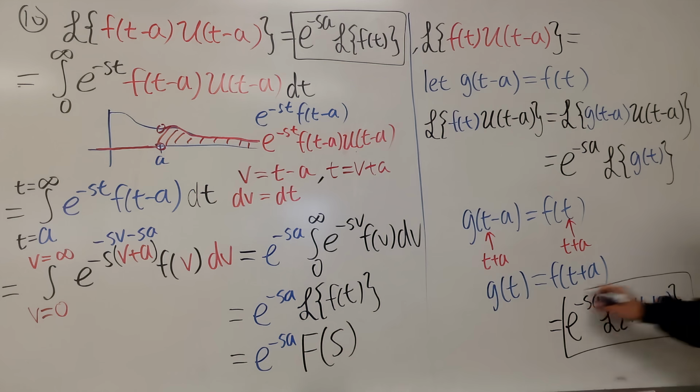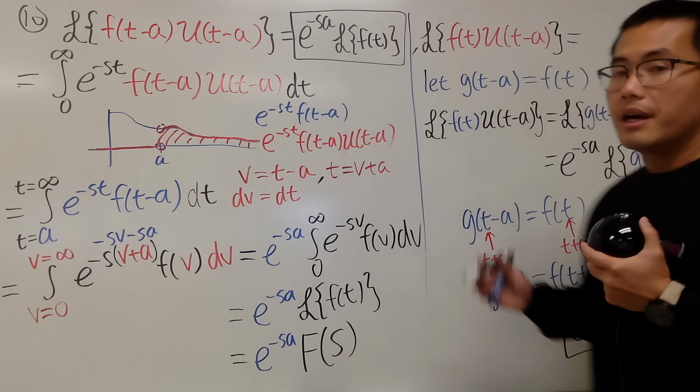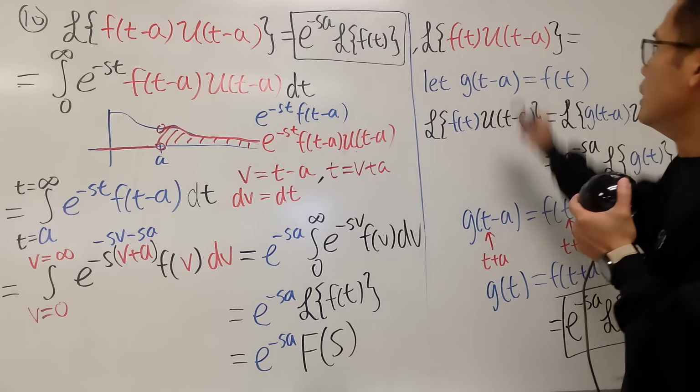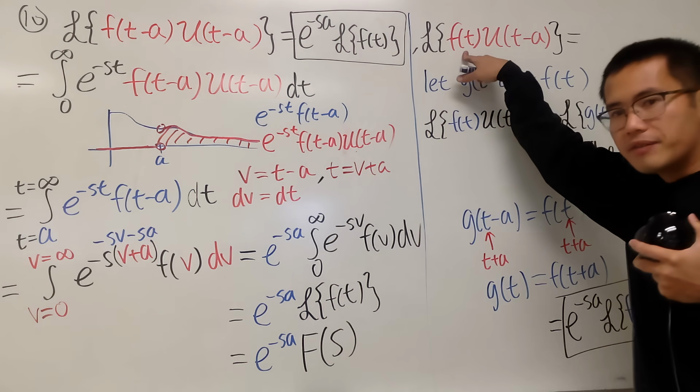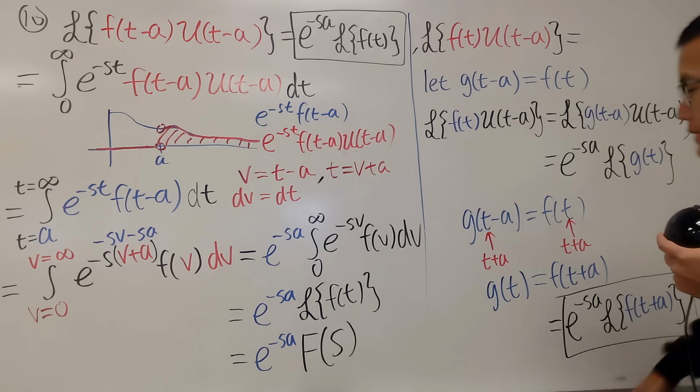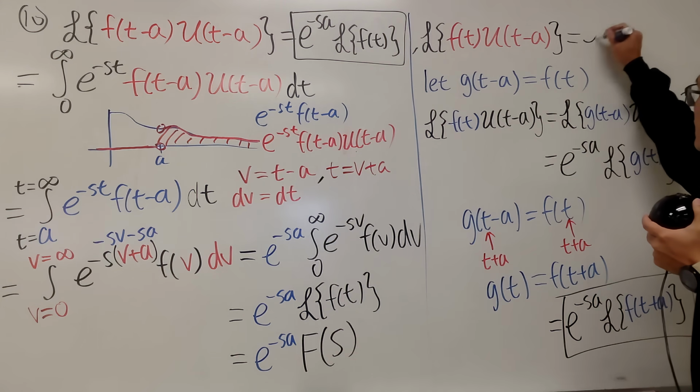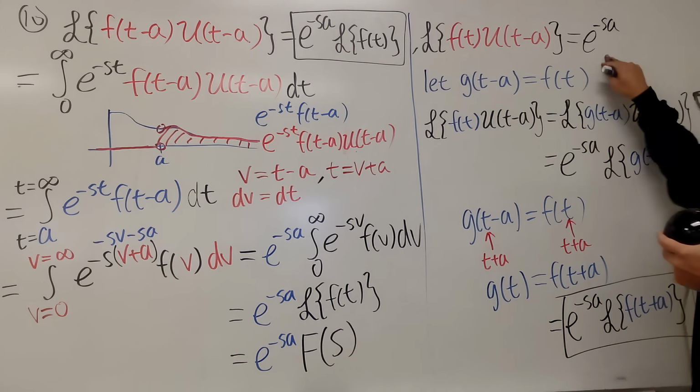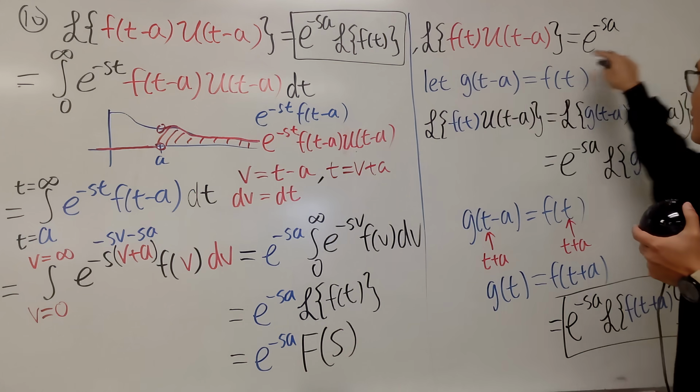Just like this, right? Well, here is the moral behind the story. If this right here is just f of t, which is not with the same input as that, all we have to do is the following. You still multiply by e to the negative s a. Whenever you have the unit step function, just go ahead and do that.